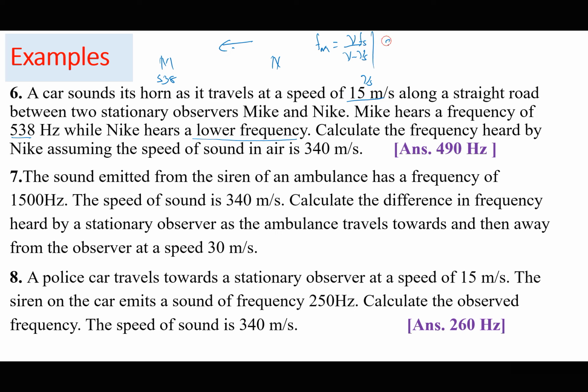So this means 538 is going to be equal to the speed, which is 340, divided by 340 minus 15, then times the frequency of the source, which is not known. I'm calling it Fs. So I can find Fs here, the frequency of the source.